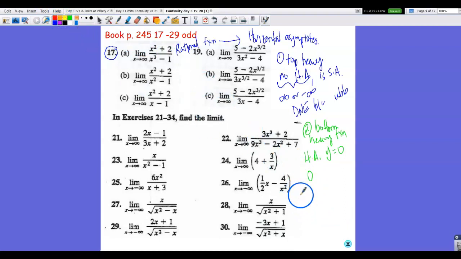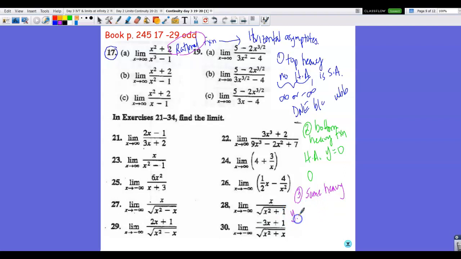The third scenario is if you have a rational function. Again, make sure you understand this applies for rational functions, and you have what I call, or not just me, a same heavy situation. That means that the degree in the numerator is the same as the degree in the denominator.